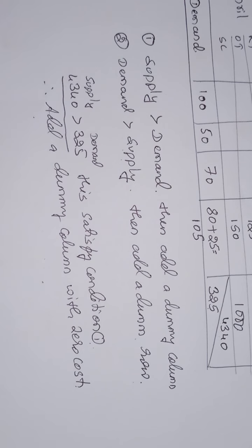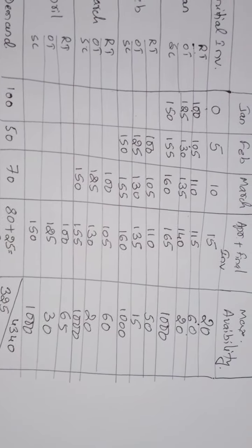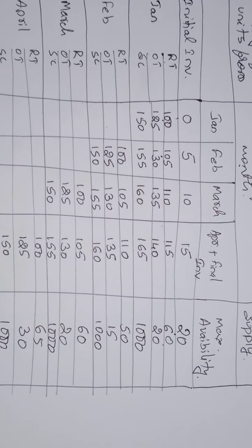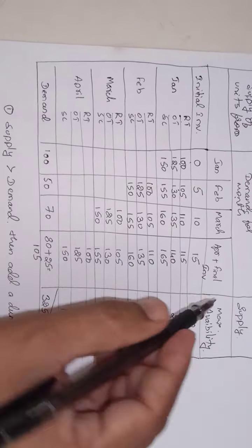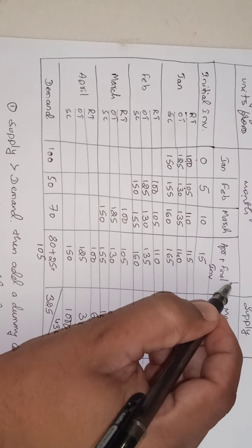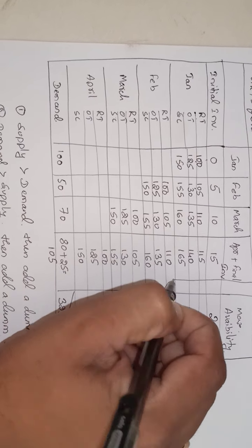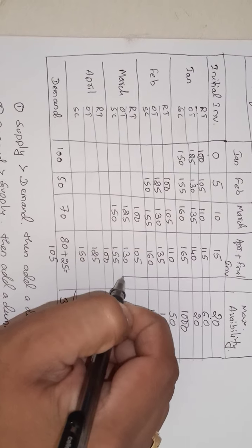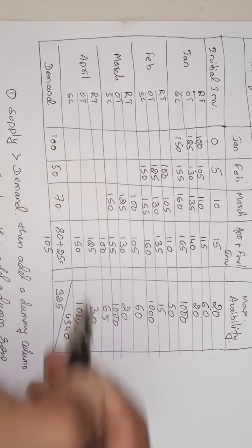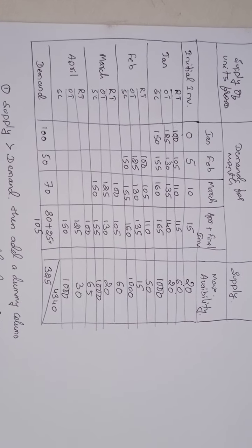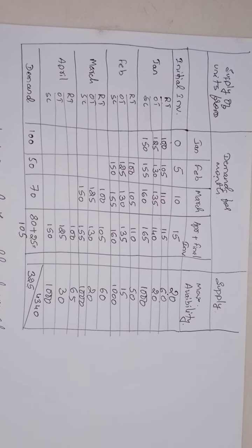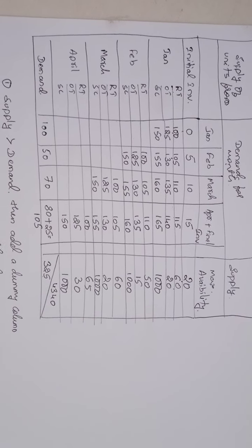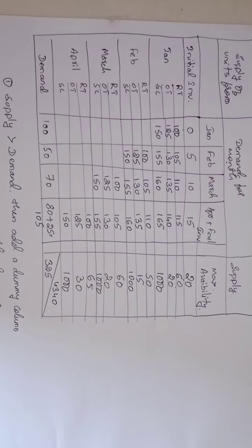So again you should rewrite this table, and after the 4th month you should add a dummy column. So once again I will rewrite that matrix and solve the problem.